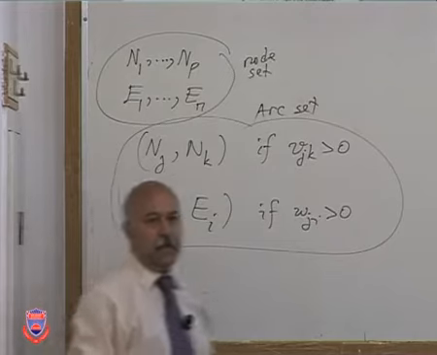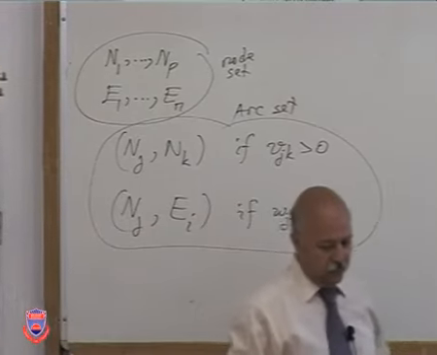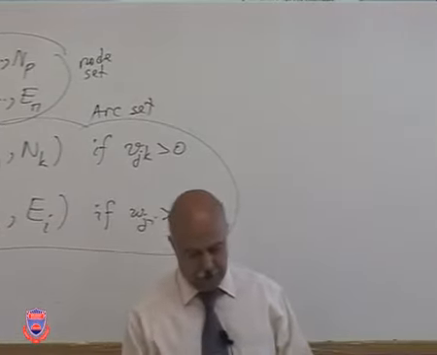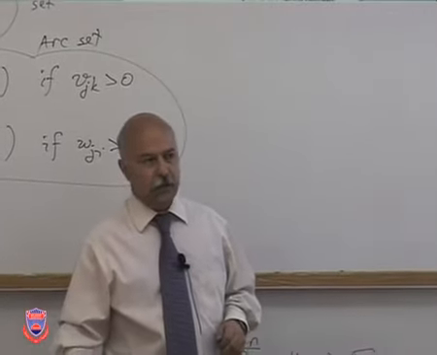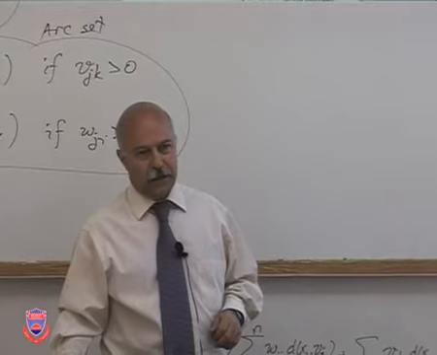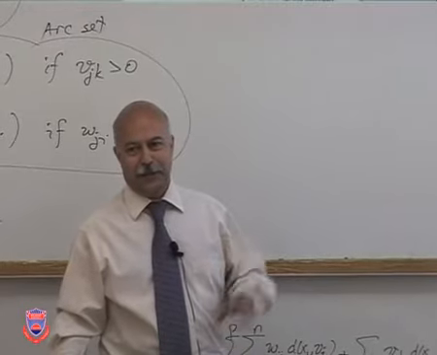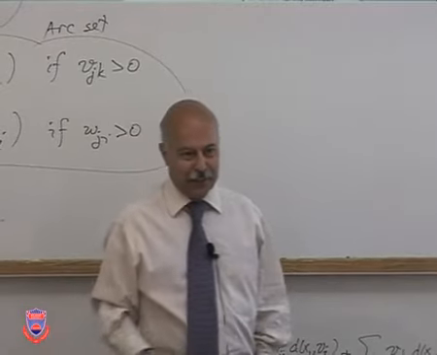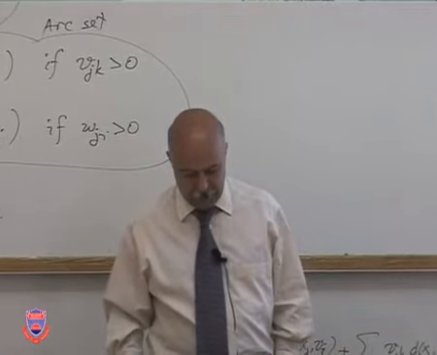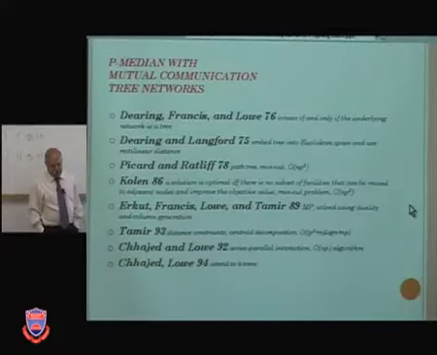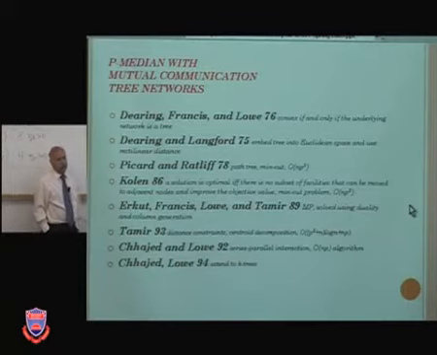And that's the interaction graph. If that interaction graph happens to be series parallel, then you have a polynomial algorithm for locating your facilities. Now, if you don't know what a series parallel graph is, I'm not going to go into that because that requires a complicated definition. All right, for the case of tree networks, the problem is solvable in polynomial time.